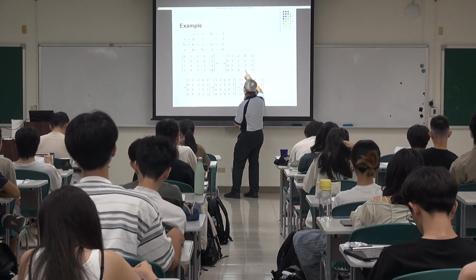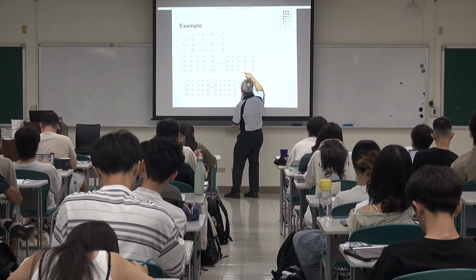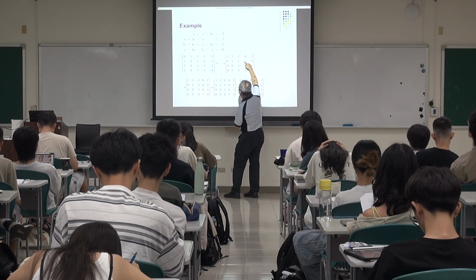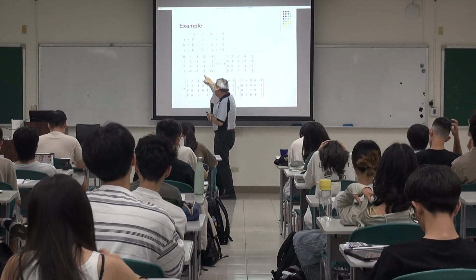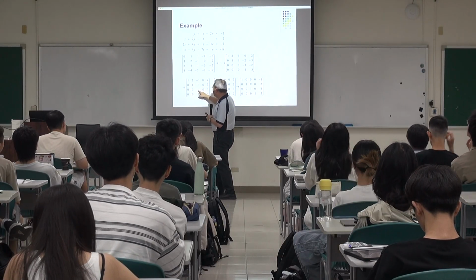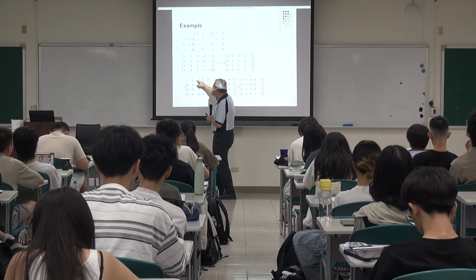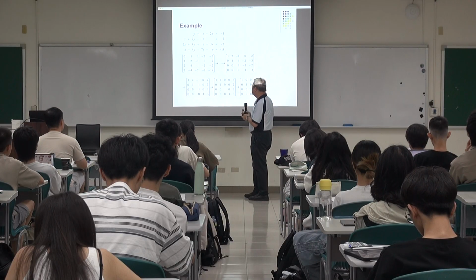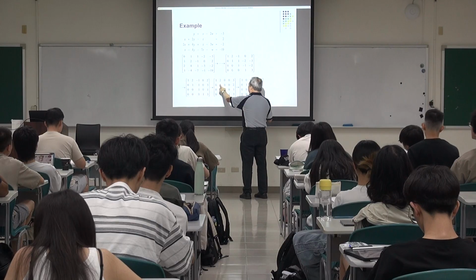So multiply this row by 1, add to here, to cancel out this -1. Multiply this row by 2, add to the second row, get rid of -2. So it becomes like this. And then we multiply this row by -1, add to here. Multiply this row by 1, add to here. So it becomes this. Last one, multiply this row by -2.